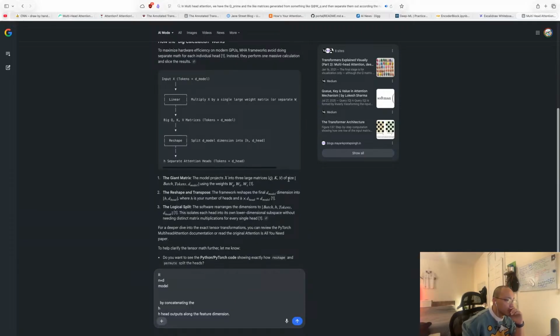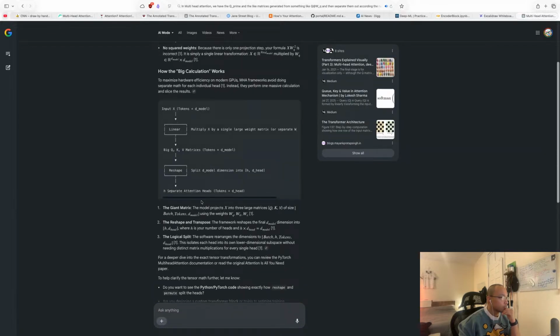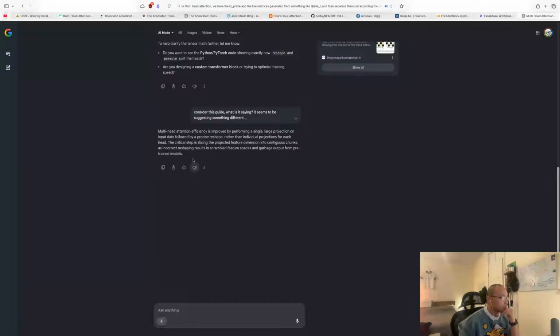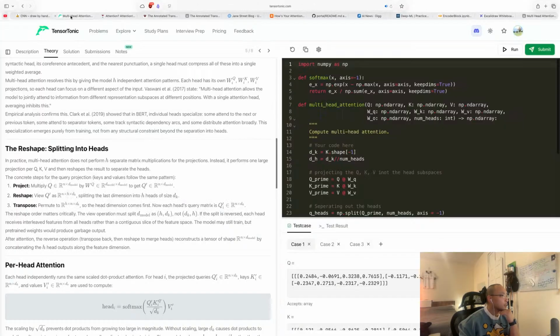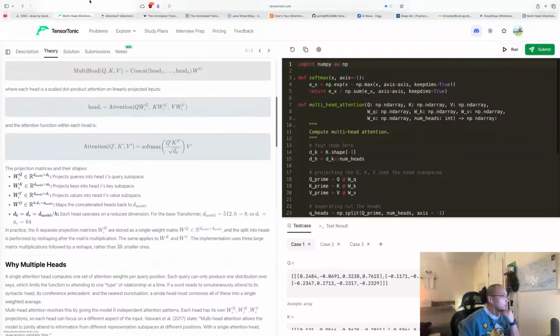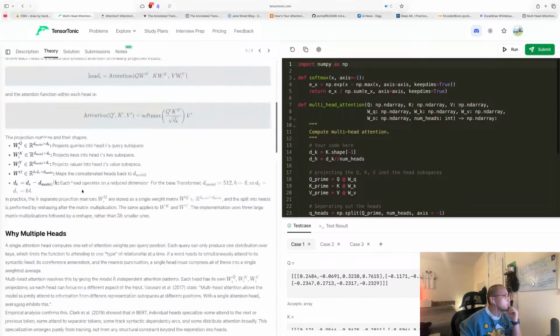The model projects X into a query matrix. Then it reshapes it into the logical split. The software rearranges. Oh, wow, that's not that good. You know what could be helpful?